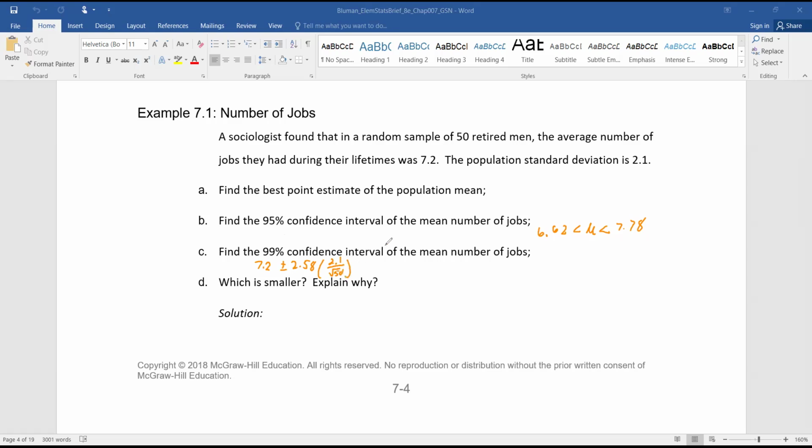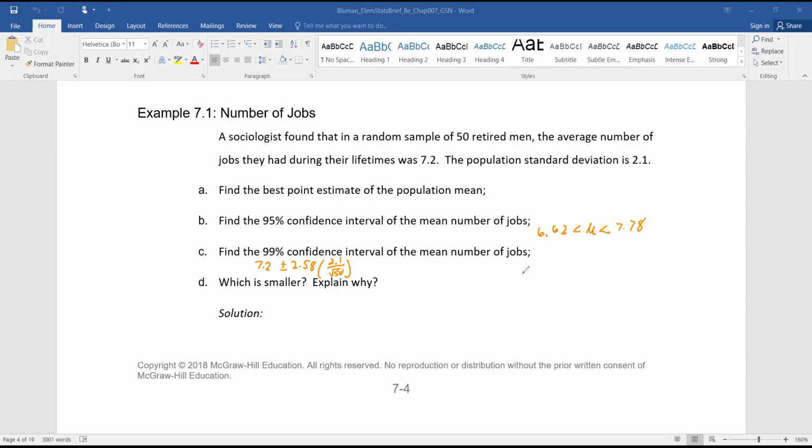So I'm going to plug it into my calculator again. Just an FYI, I'm going to scroll up, highlight the minus one, and change that z-score so I didn't have to type the entire thing. That's going to be 2.58, and I get 6.43. I'll then go back, highlight it, change that to a plus, and I get 7.96.